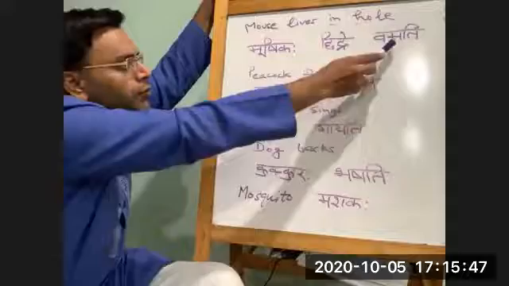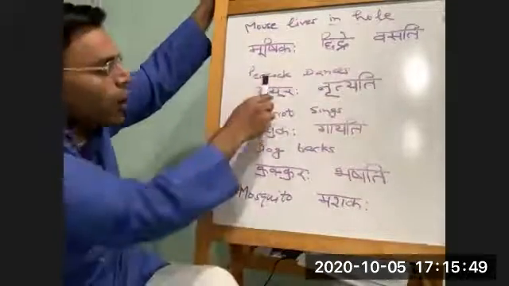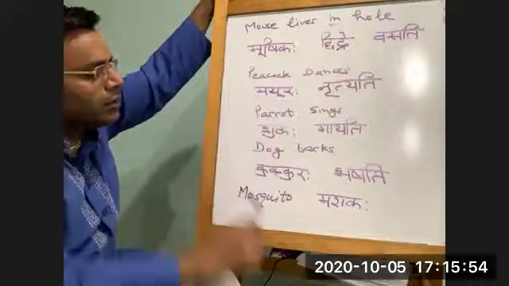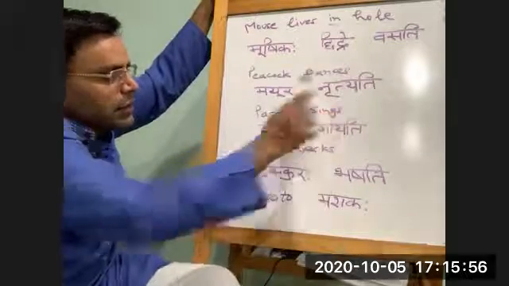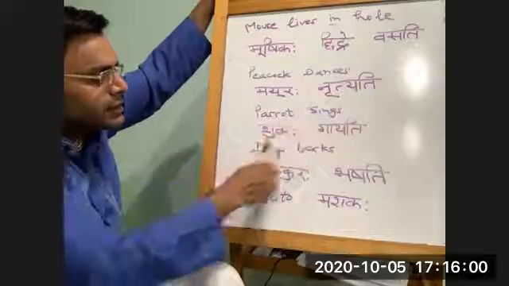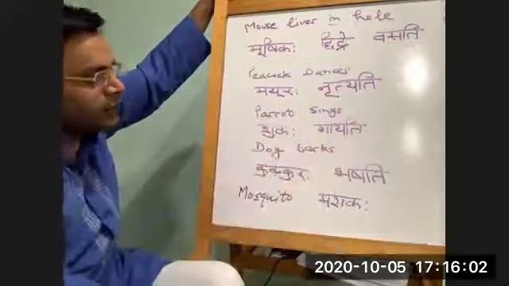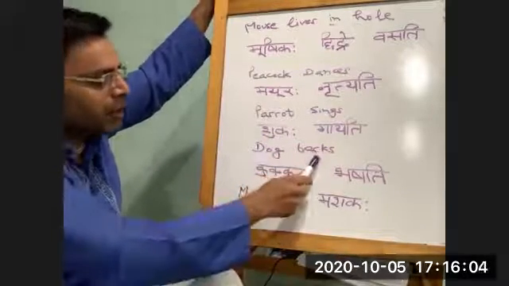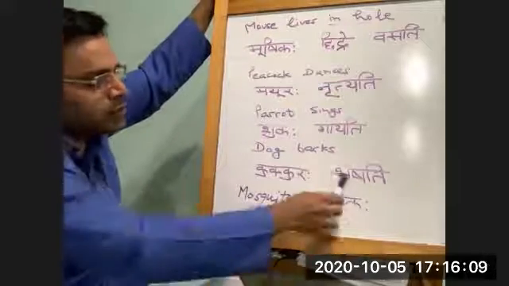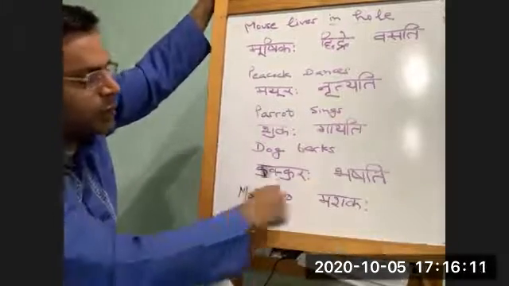Mushikaha chidre vasati. Peacock dances. So peacock is mayuraha. Dances means nrityati. Parrot sings. Shukah gayati. Dog barks. Kukurah bhashati. So bark is bhash. So singular, so it's bhashati.